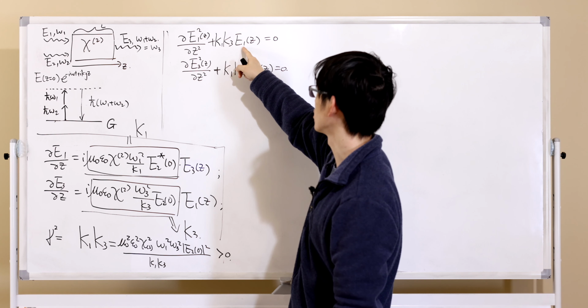Using this boundary condition, E1 at z equals 0: the sine term is 0 because sine 0 is 0, and the cosine term is 1, so this equals A1. The same applies to E3: at z equals 0 the sine term is 0, so E3 equals A3.